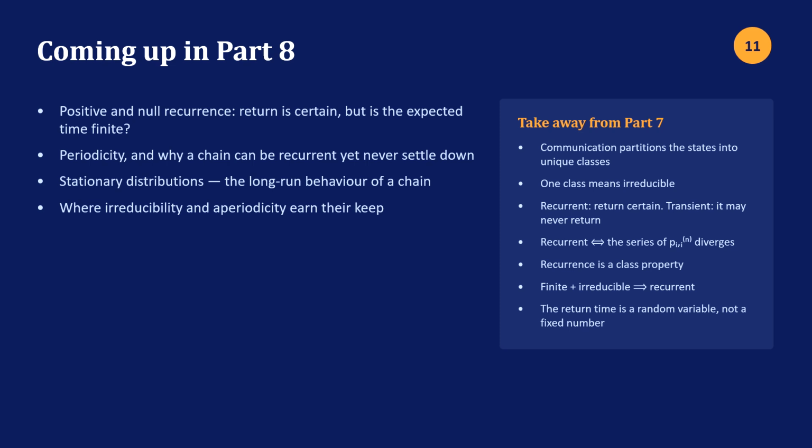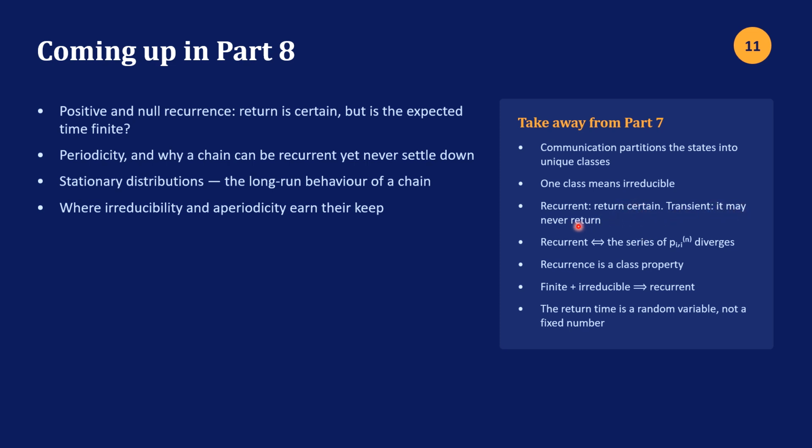Some takeaways from this lesson. Communication partitions the states into unique classes. One class means irreducible. In other words, if your Markov chain has only one class, then it's irreducible by definition. Recurrent: return is certain, probability 1.